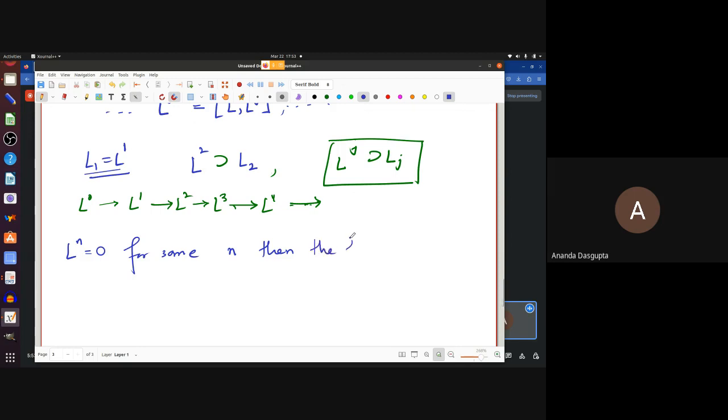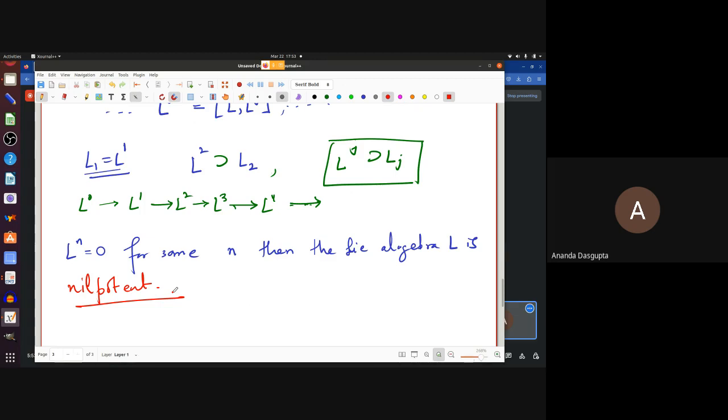Then the Lie algebra, this is of course a statement about the original Lie algebra L, is called nilpotent. Again, not really very useful for physics, but very useful for general Lie algebra theory, and sometimes rarely useful for physics as well.